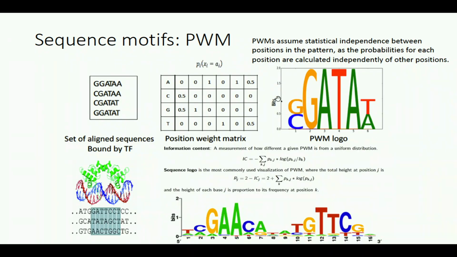Then you divide the total bits by the frequency of that base type. So it's a combination of visualizing how different bases are distributed at each position, and at the same time visualizing how certain, or how low in entropy, different positions are.